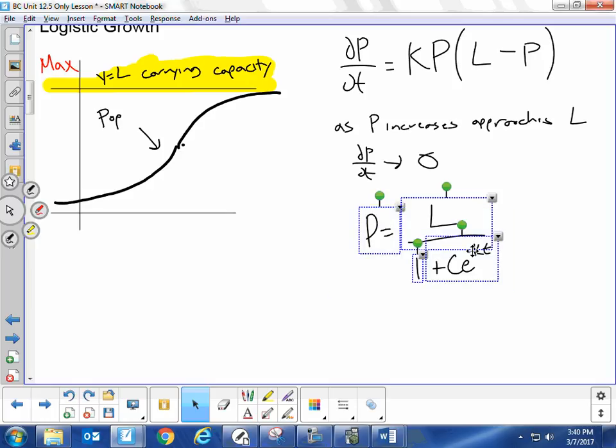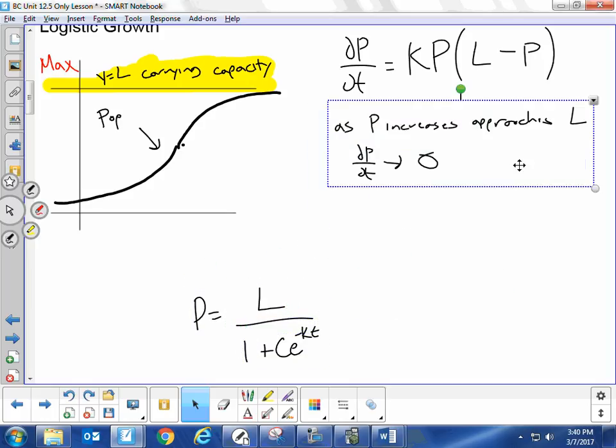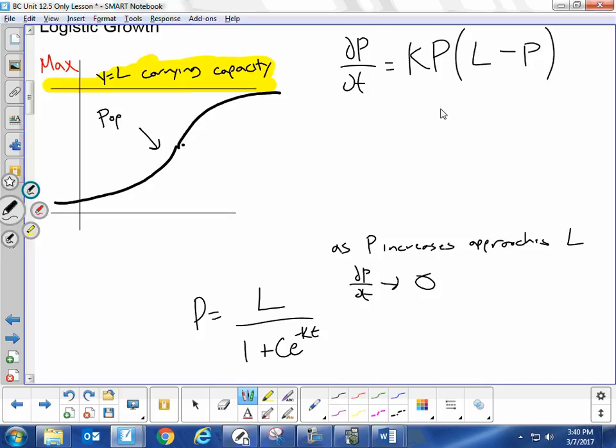Also, I forgot. Another way to write this differential equation, it won't be with the same k. I'll use something else. I don't know, lowercase k. kP times 1 minus P over L. As P approaches L, that right side would approach 0, and this k is just like that K, only we'd have to have it divided by L. It's different, but whatever.